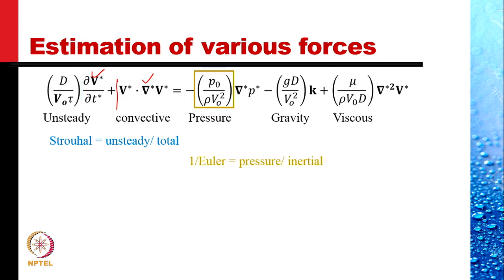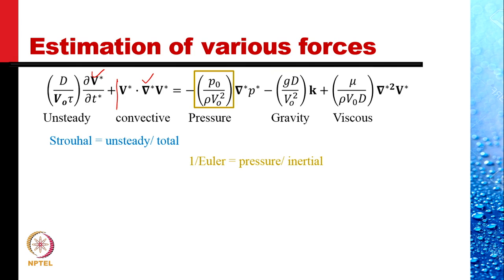Similarly, this is interpreted as the ratio of the pressure term to the inertial term, the convective inertial term. As had been discussed earlier, this is given the name 1 over Euler number.